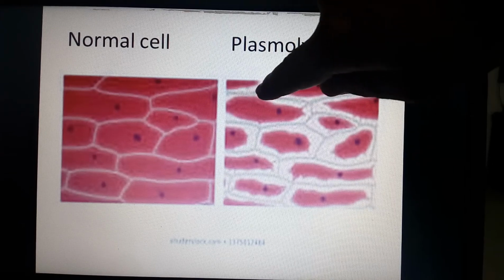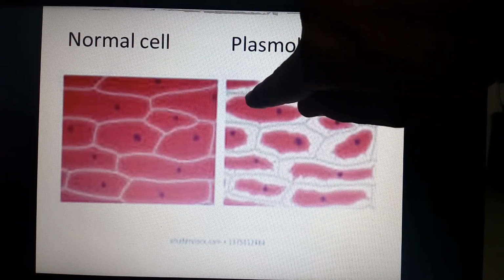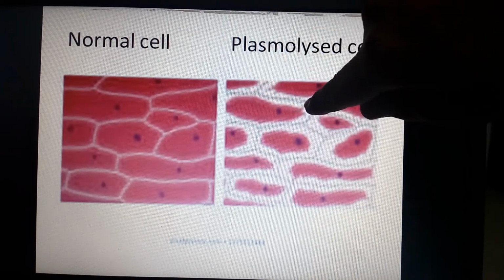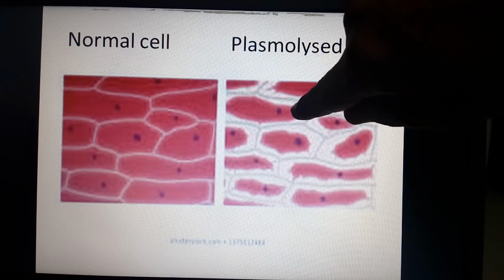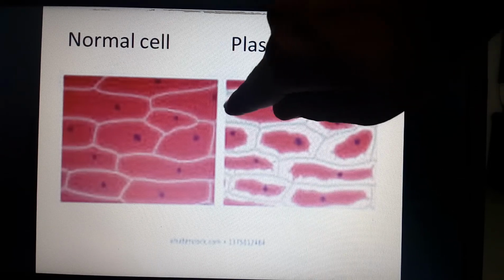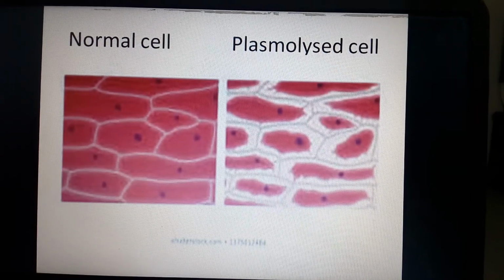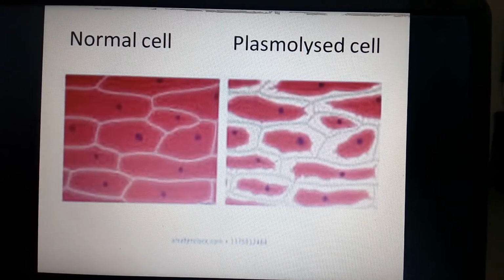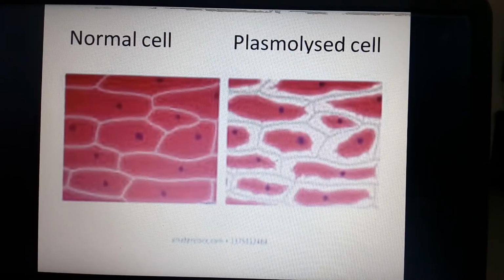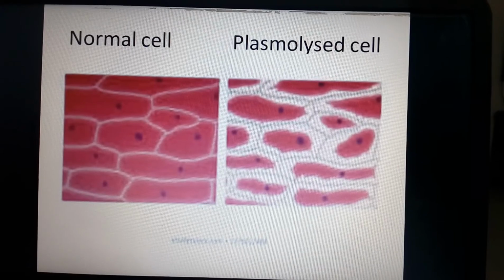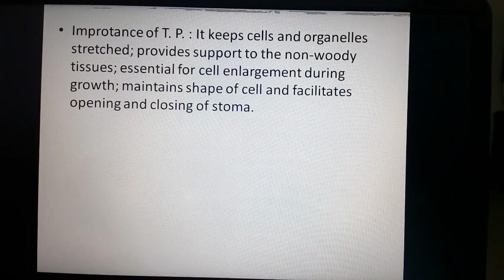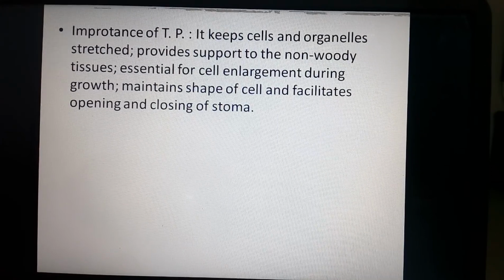This one is the cell wall, and from this cell wall, this red colored structure which is covered by the PM, plasma membrane, and such a cell is called a plasmolyzed cell. Got it?